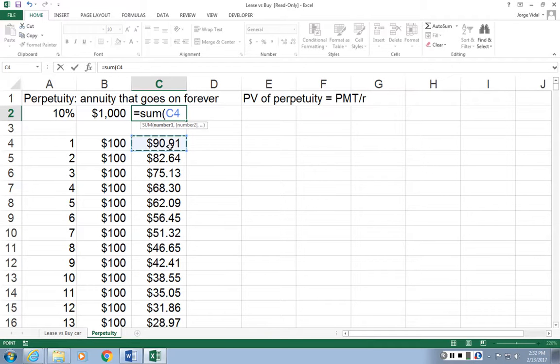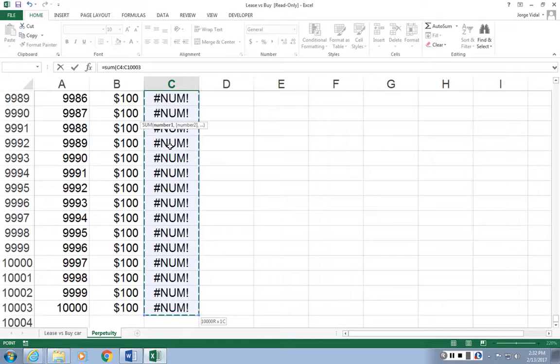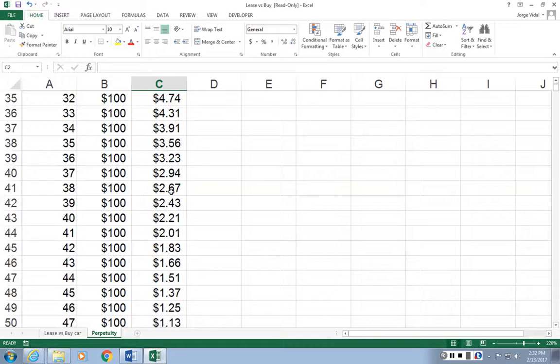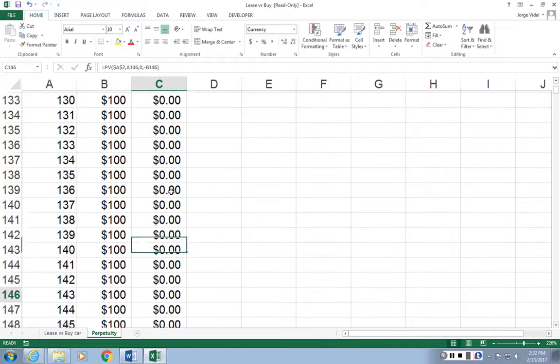And if I add up all of those present values, something went wrong here.